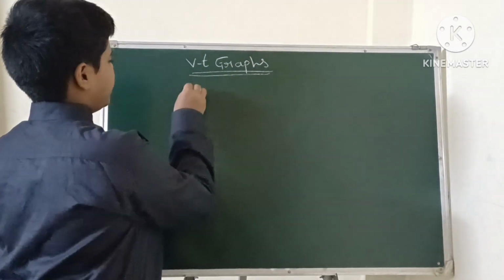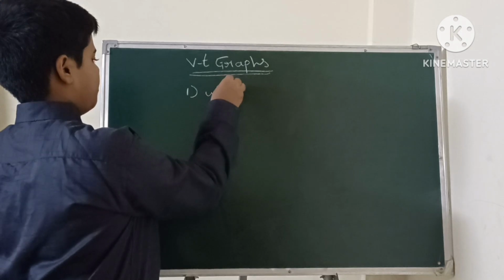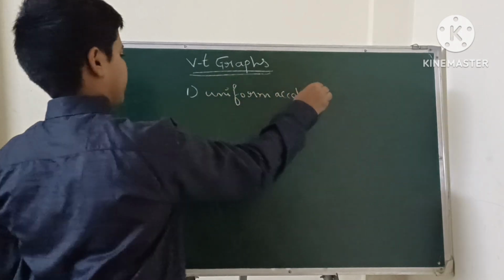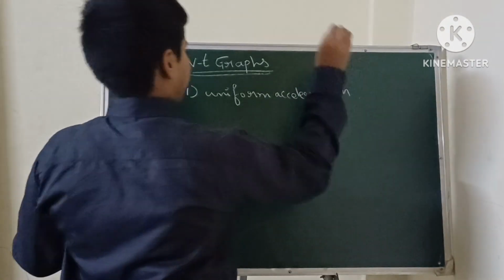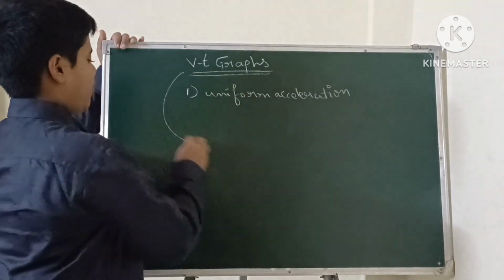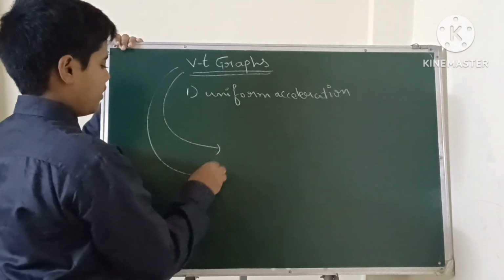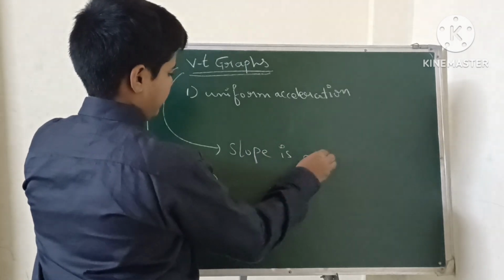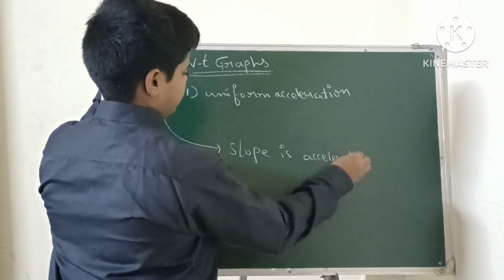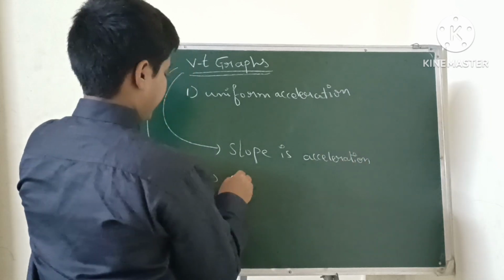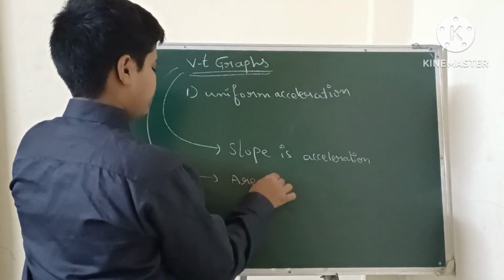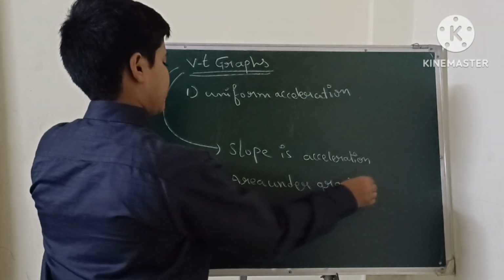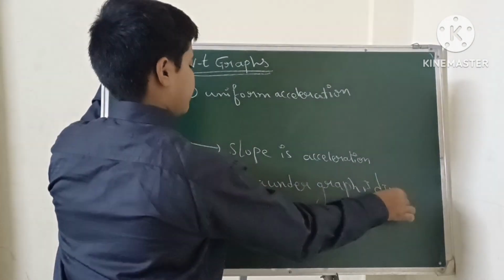If we see the first one, uniform acceleration. Here you have to remember two points. First, in a VT graph, slope is acceleration, and area under the graph is displacement.